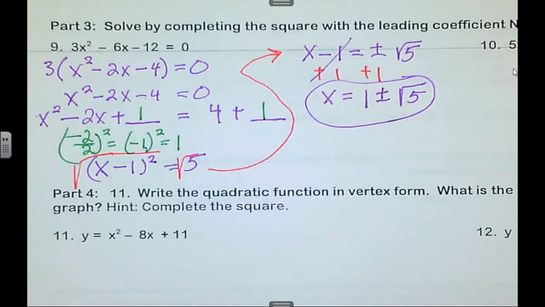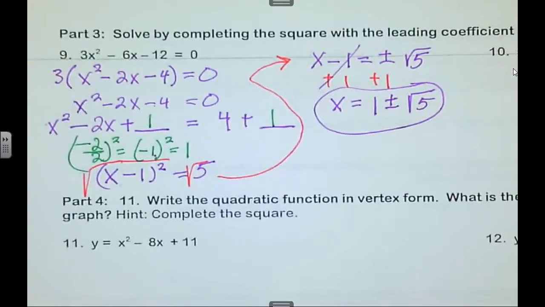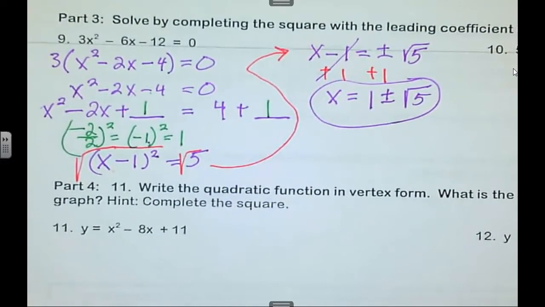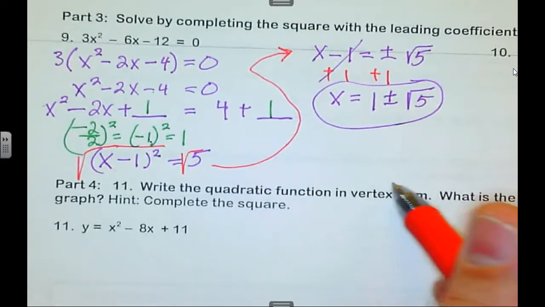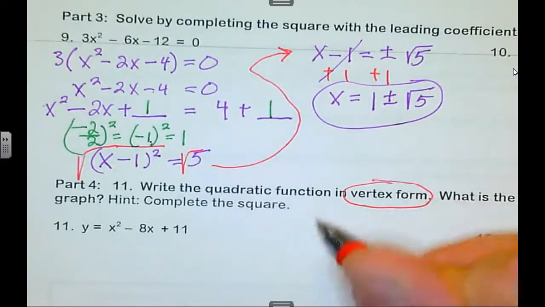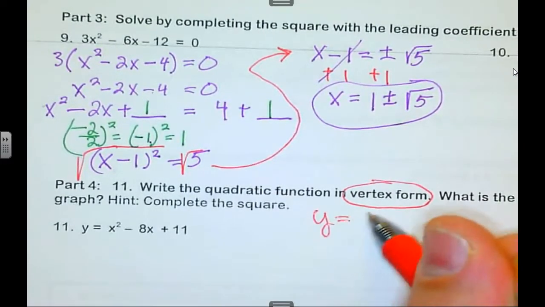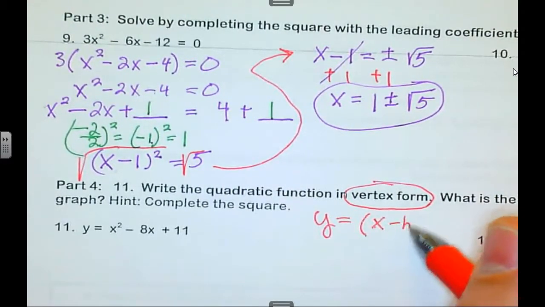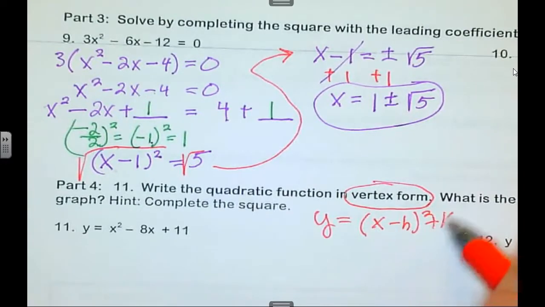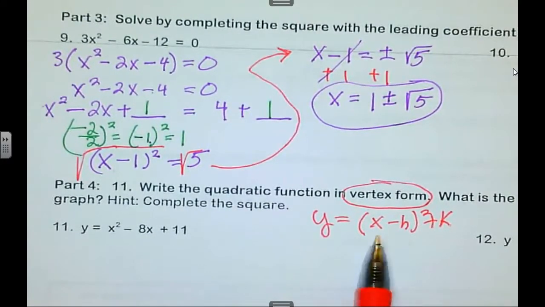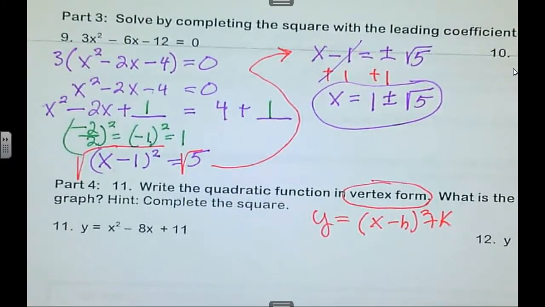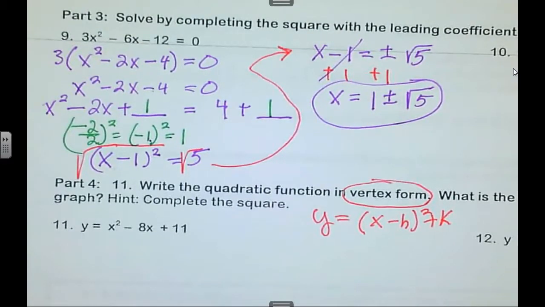Part 4. Write the quadratic function in vertex form. What's vertex form? Y equals x minus h squared plus k, right? So what does that look like? Well, that looks like completing the square. That's what we're going to do.